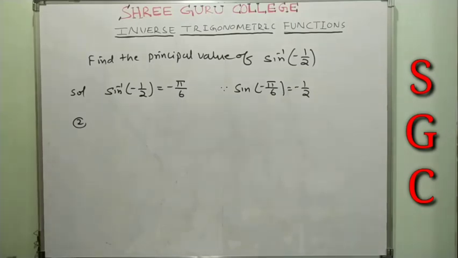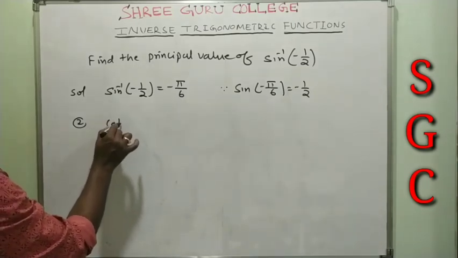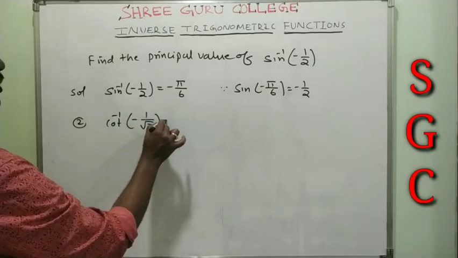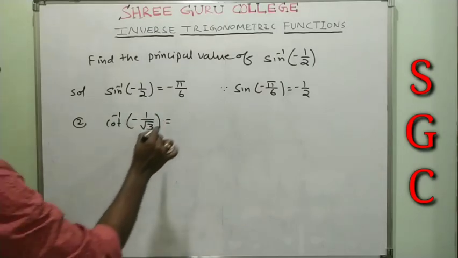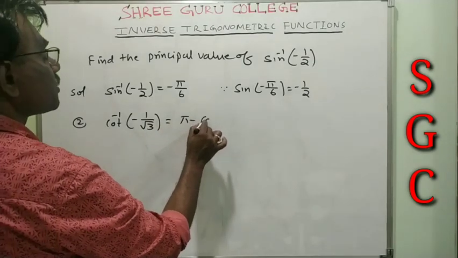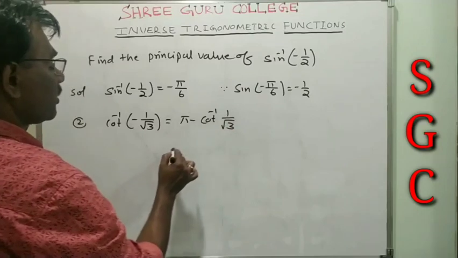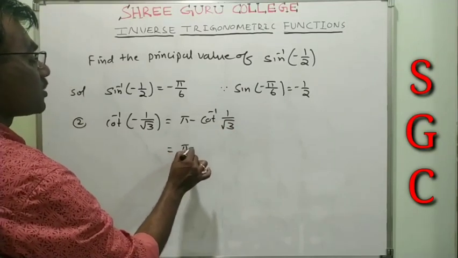Find the principal value of cot inverse of minus 1 by root 3, equal to pi minus cot inverse of 1 by root 3.